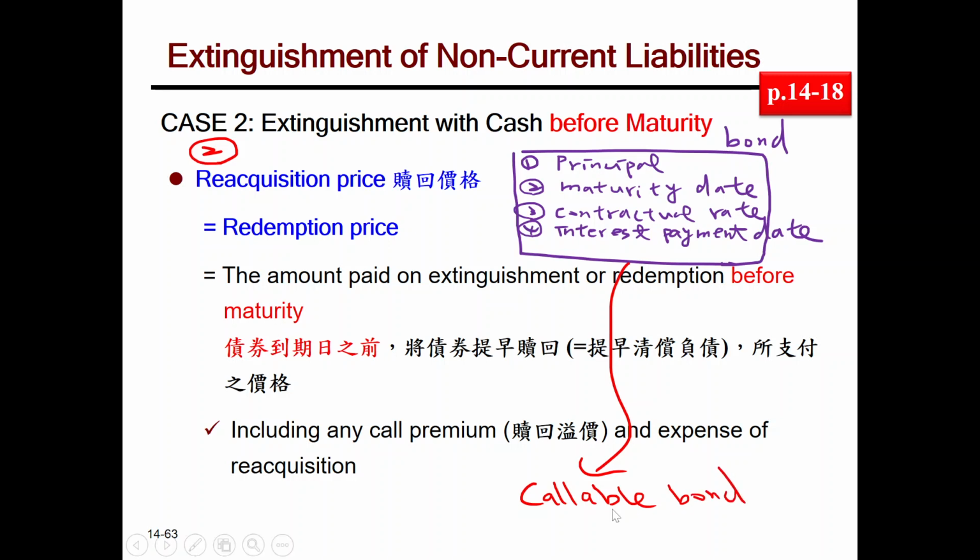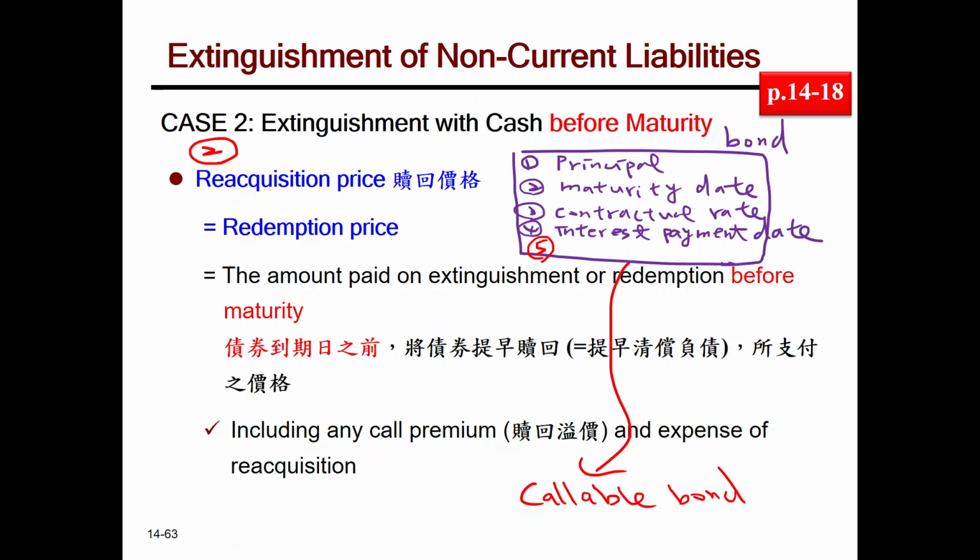On the callable bond, since we agreed you could buy back the bond earlier, we will tell them the details, the deal we are going to make.